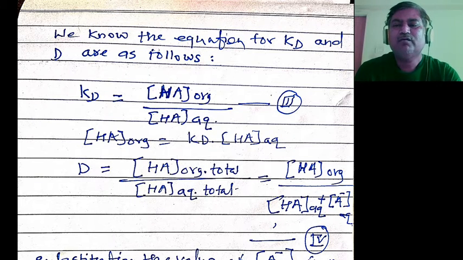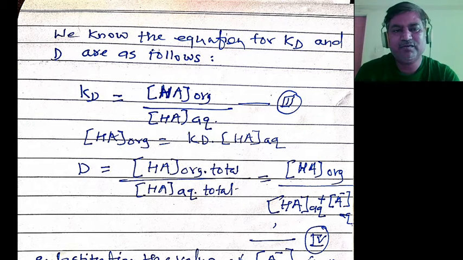Now we have already discussed what is distribution coefficient Kd, which is equal to the concentration of HA in organic phase and concentration of HA in aqueous phase.